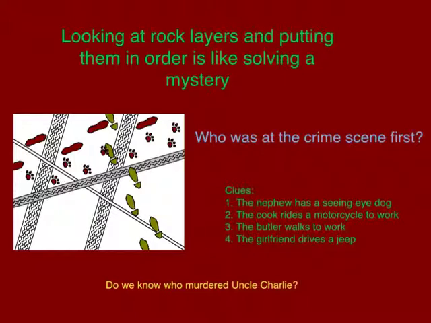Secondly, the cook rides a motorcycle to work. The butler walks to work, and the girlfriend drives a Jeep. We can look at this pattern, and we should be able to figure out by how they're laid down who got to the crime scene first. Would we know then who murdered Uncle Charlie? No, but we'd know who got to the crime scene first.